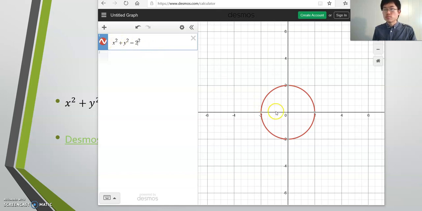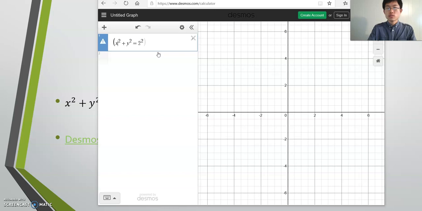Now, if you want to have the circle away from the origin, you can do that by adding or subtracting, like this. Let me change the number so it's going to be more obvious.